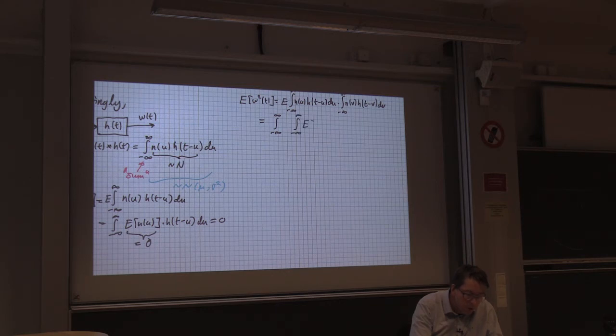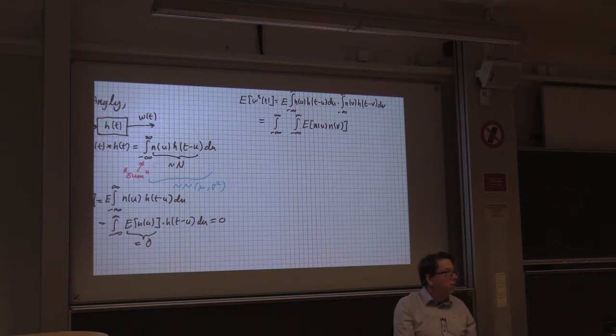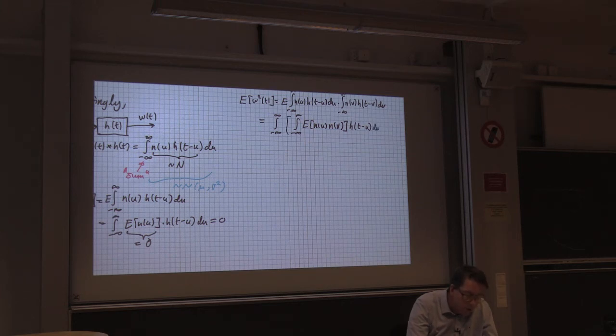Inside the brackets of the expected value operator, we put in everything which is random, which is n of u and n of v. The rest, the h factors, are all deterministic, that is non-random things, so we'll just pull them out. So we have h of t minus u du, and then h of t minus v dv.